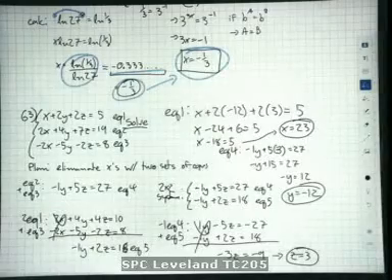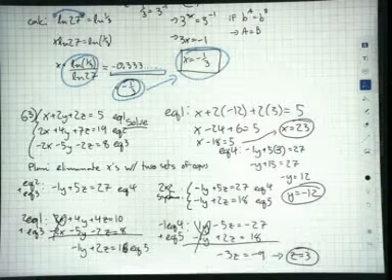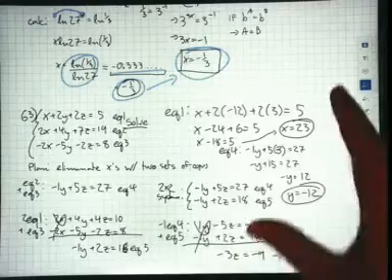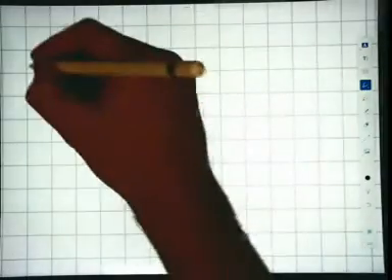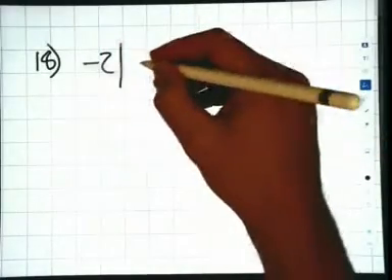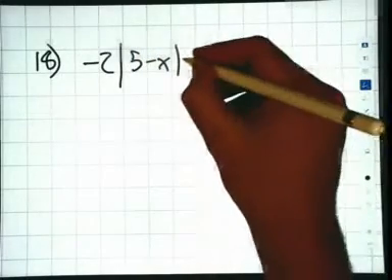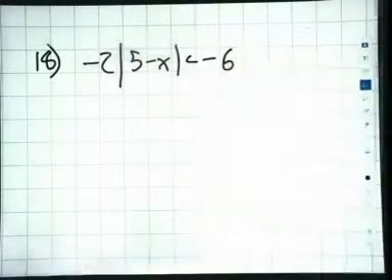Okay, 18. We have negative 2 times the absolute value of 5 minus x, closed absolute value, is less than a negative 6.